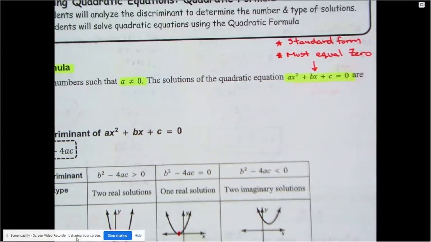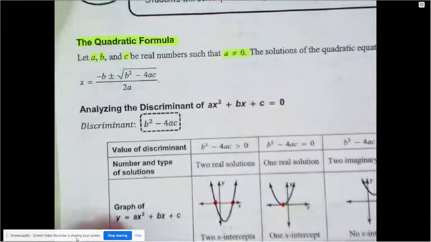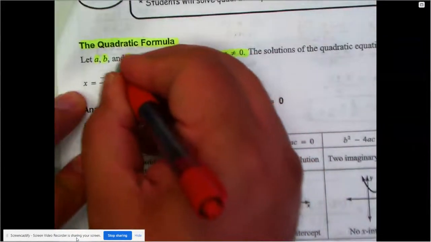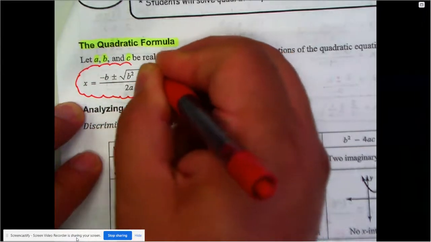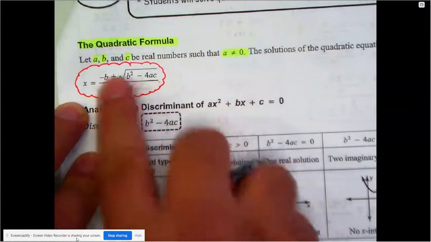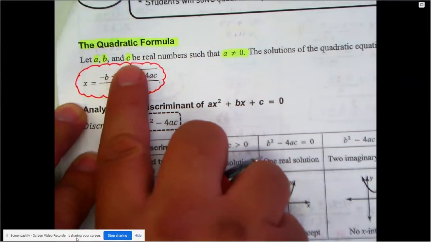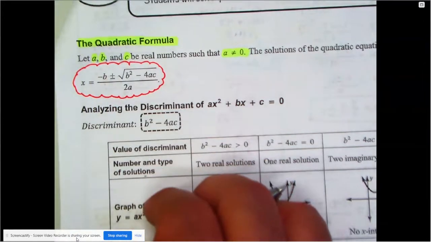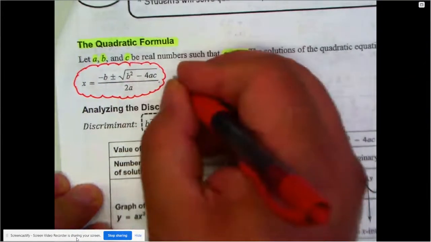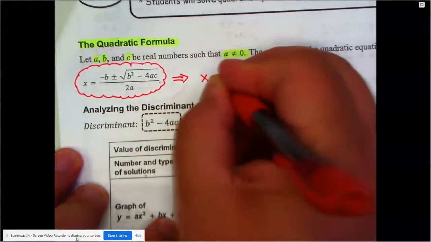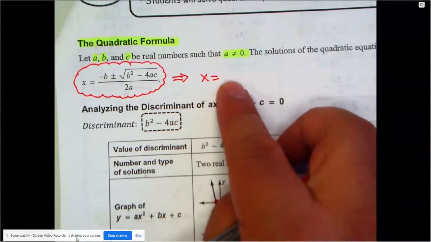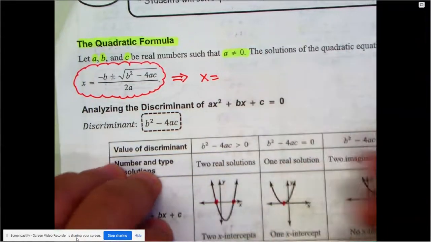And if it does, if we have all of this information in there ready to go, then we can finally apply what we call the quadratic formula. Now, this dates back to our Algebra 1 days, where our A, B, and C are going to be used. And again, our A, B, and C that we mentioned earlier are just the numbers, no other letters. But you have to remember that if you're going to apply the quadratic formula, first of all, you need to say x equals, because we are solving for x values, right? X-intercepts.